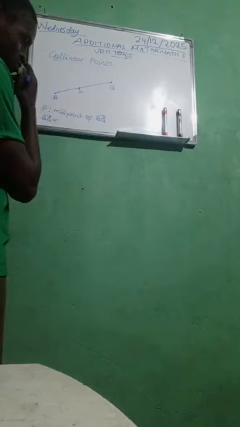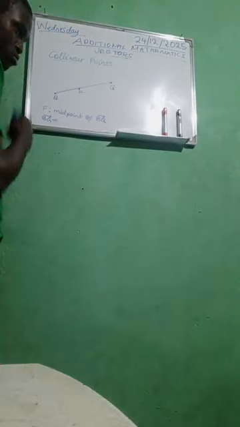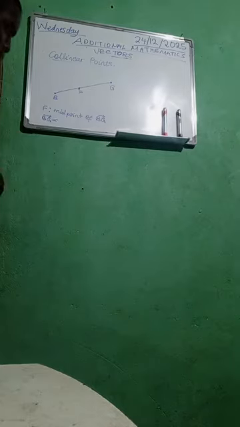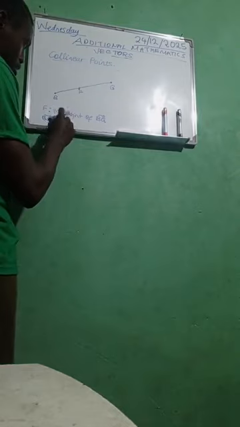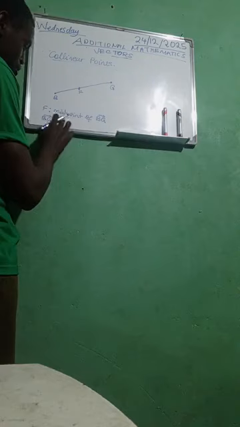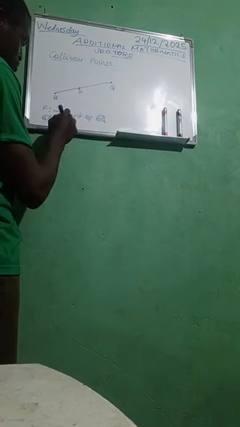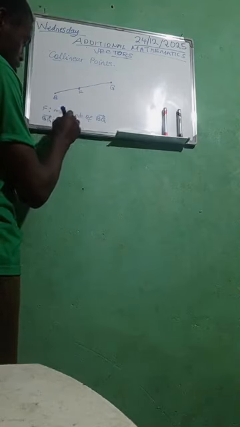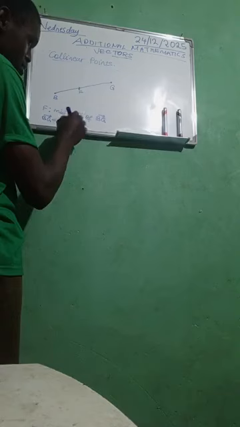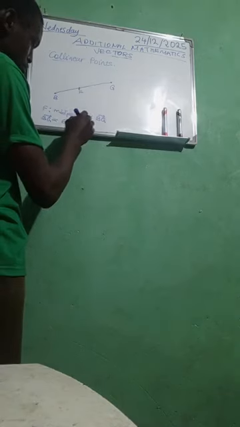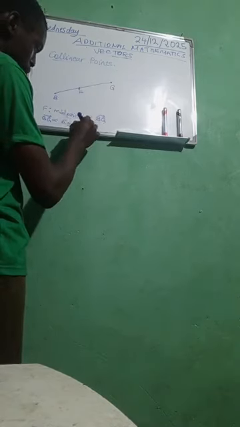This is just an example. I'm saying BG is equal to 6A plus 9B. That is our BG.